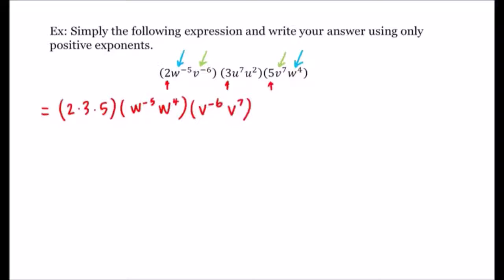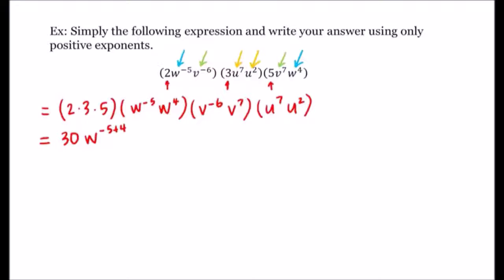And finally, we'll group the u terms together. So times u to the 7th times u squared. So this is equal to 2 times 3 times 5 is 30, and then times w to the negative 5 plus 4 by the product rule. Because these bases are the same, we can add those exponents.